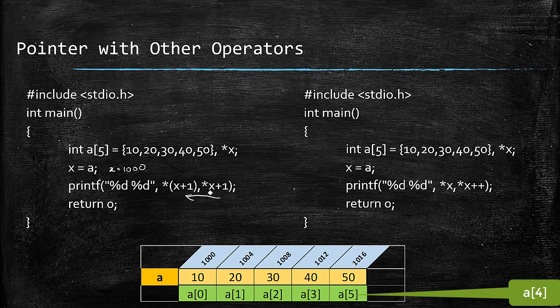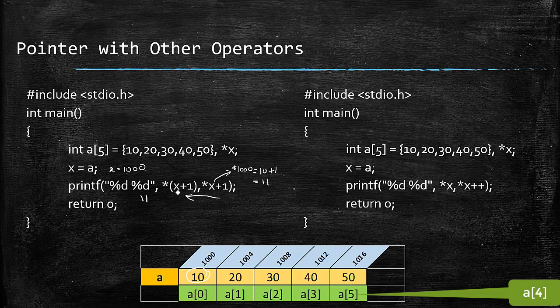What will be the calculated value? *x, in this case, x value is 1000, so *x means star 1000, the value present at the 1000 address, and it is 10. So *x will give me 10, and we are adding 1 to it, so it will be 11. So this %d will give me 11.